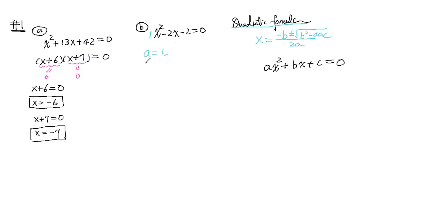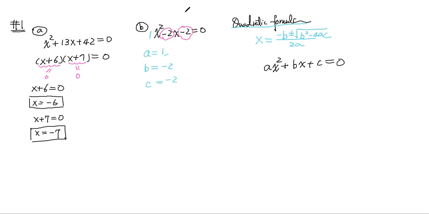And b is the coefficient in front of x. Be careful, you always need to include the sign in front of it, so b is equal to -2. In the same way for c, don't forget to include the sign, so c is equal to -2 as well.